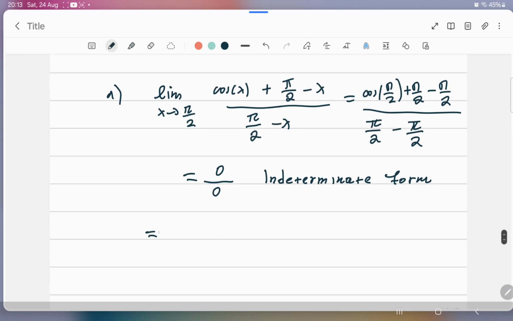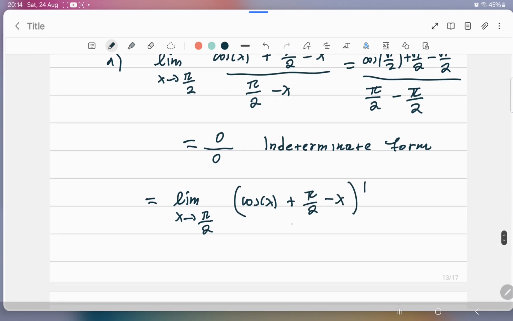So instead I calculate the limit as x goes to pi over 2 of the derivative of the numerator divided by the derivative of the denominator.